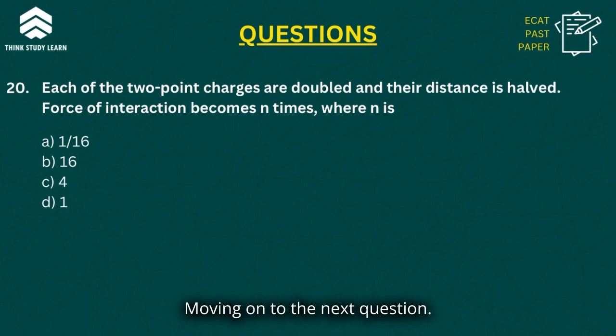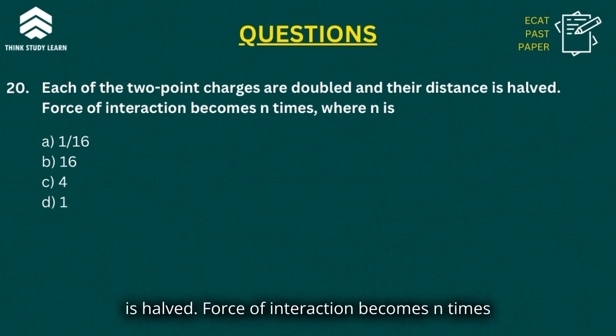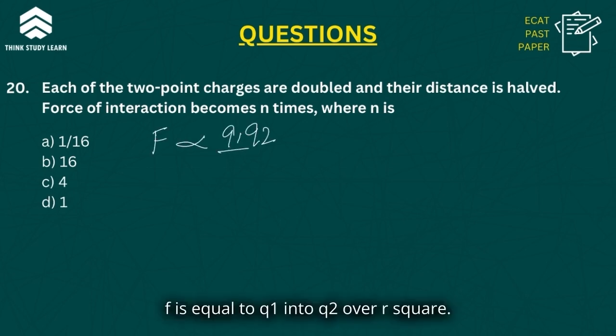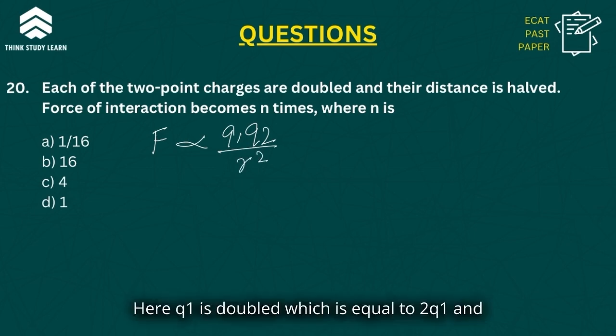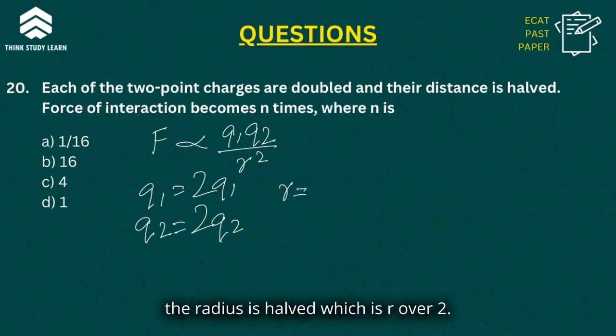Moving on to the next question. The next question says that each of the 2 point charges are doubled and their distance is halved. Force of interaction becomes n times, where n is, according to Coulomb's law, F is equal to Q1 into Q2 over R square. Here, Q1 is doubled, which is equal to 2Q1, and Q2 is also doubled, which is equal to 2Q2. And the radius is halved, which is R over 2.